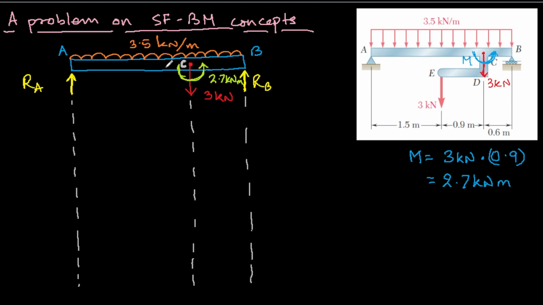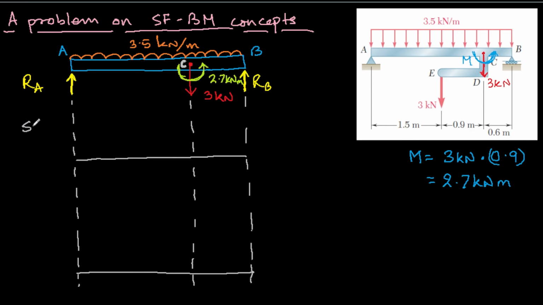Okay, so let's draw even the axis for drawing the shear force. So now suppose this is the axis for shear force drawing, and this is the axis for bending moment drawing. Shear force axis, bending moment.